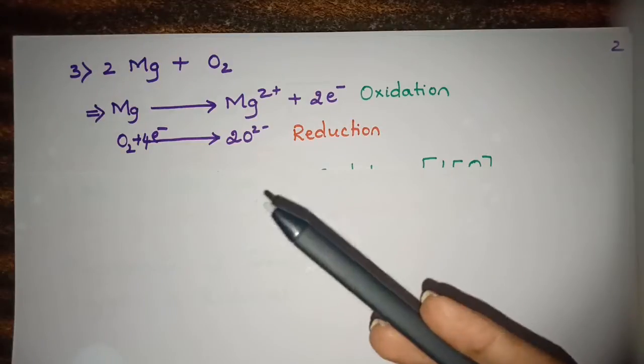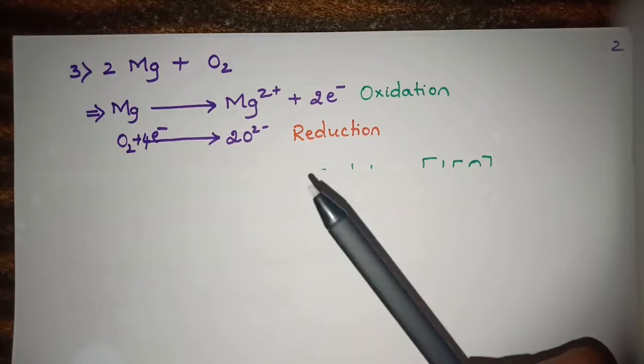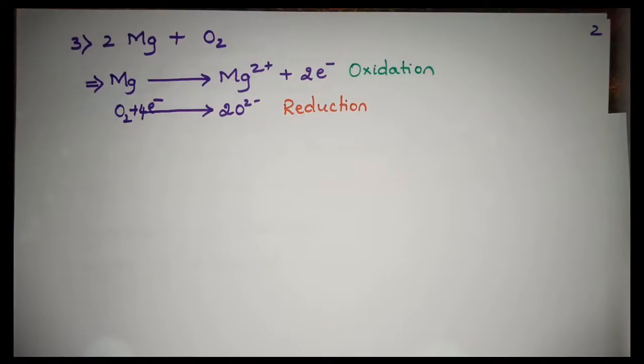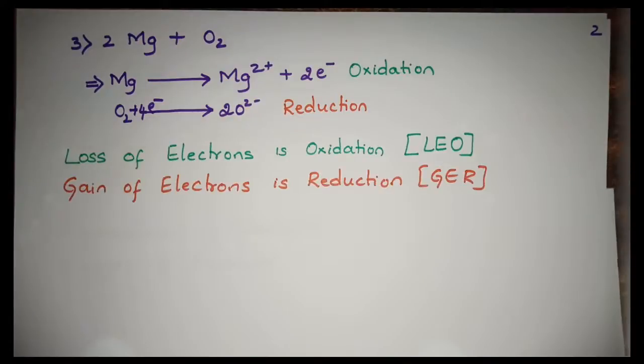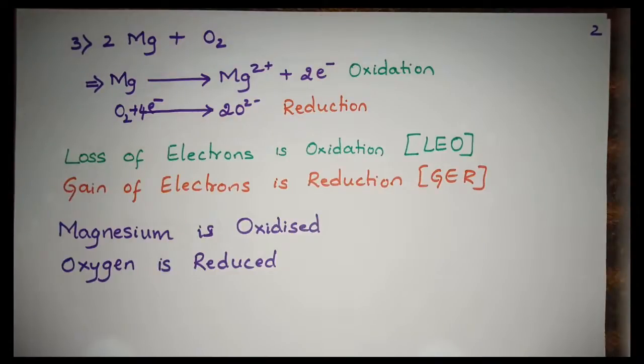Notice this reaction, you see that there is loss of electrons happening and the gain of electrons also happening. Now with this we have one more definition that is given for redox reactions.